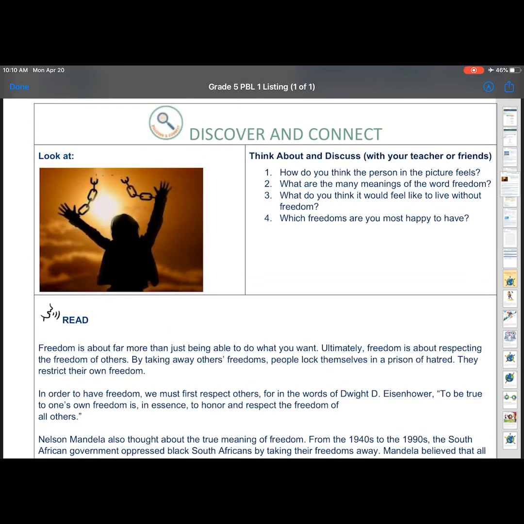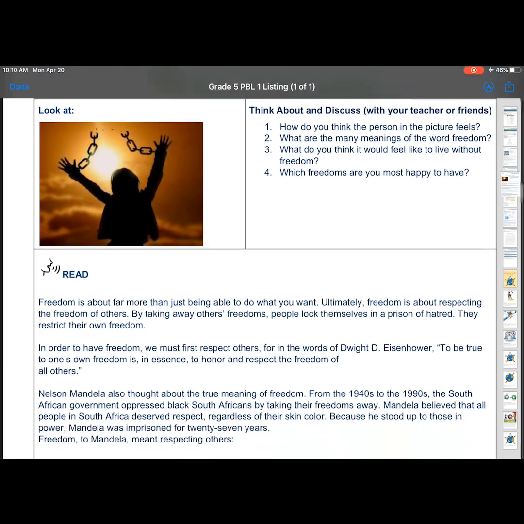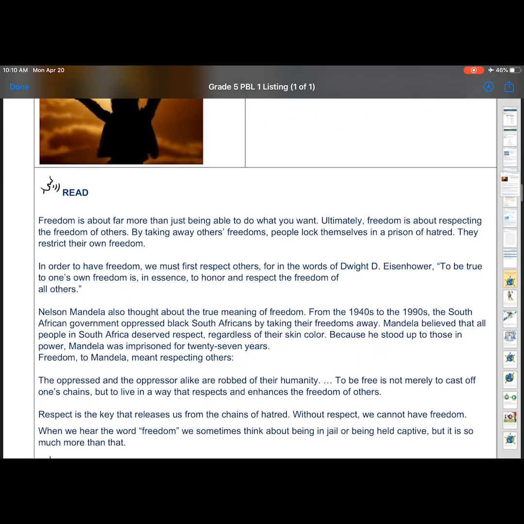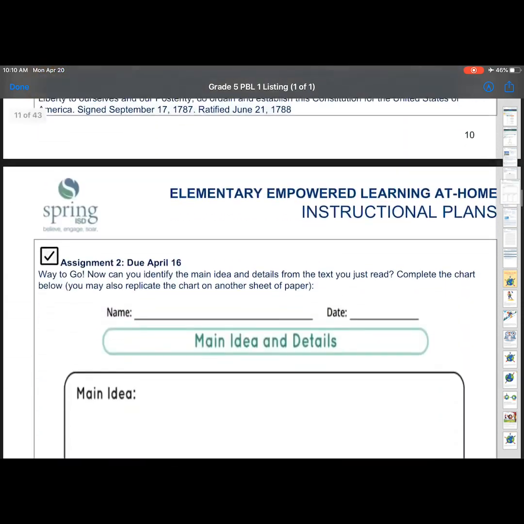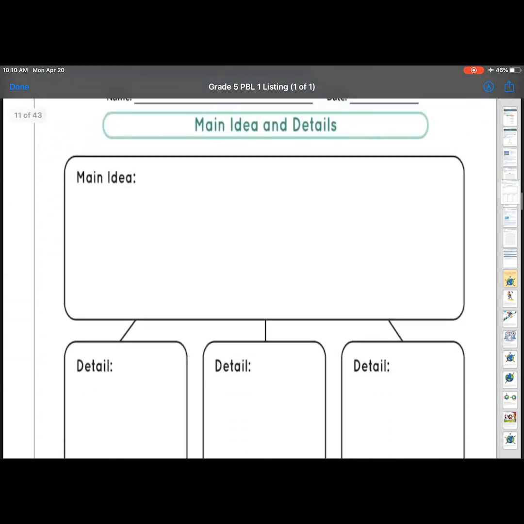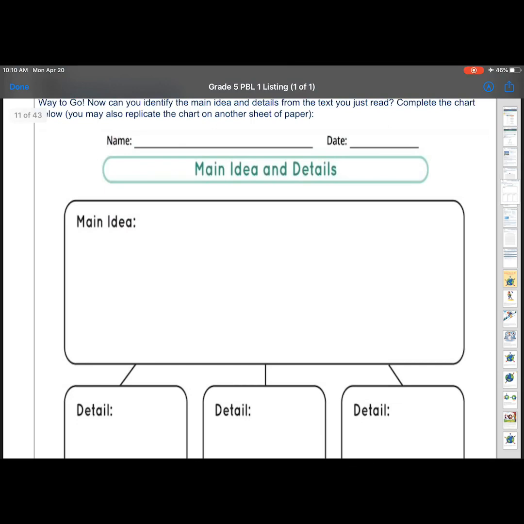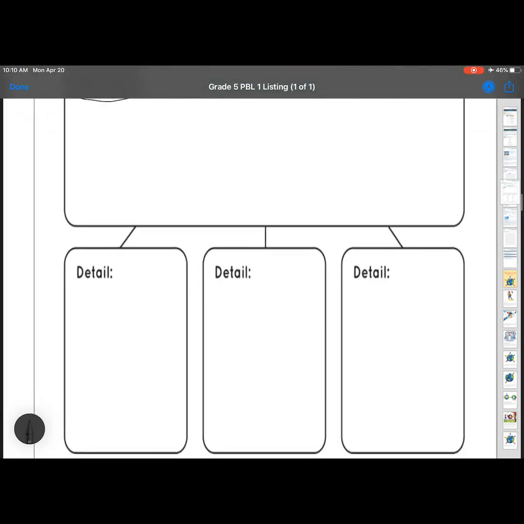This is the main idea assignment. Let's quickly look. You're supposed to read this first, and then you have a chart that has a main idea. Here, you write the main idea of what you read and 3 supporting details.